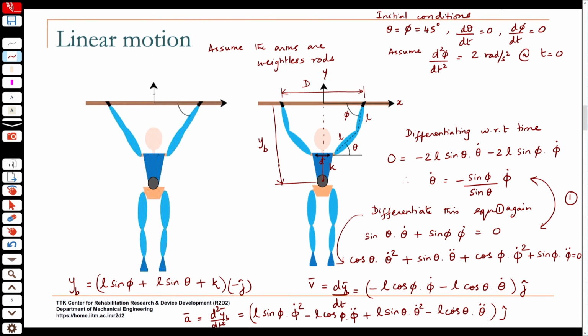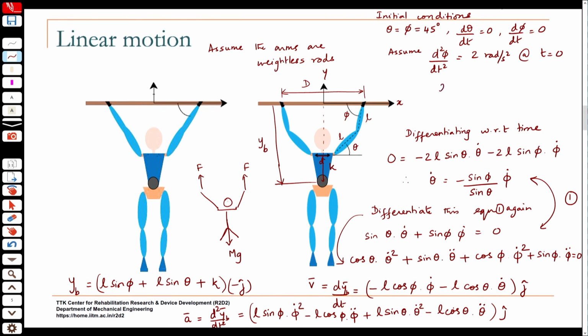So, if I want to find the forces exerted by, if I look at the free body diagram of this guy, I have the reaction forces, I have mg acting this way.